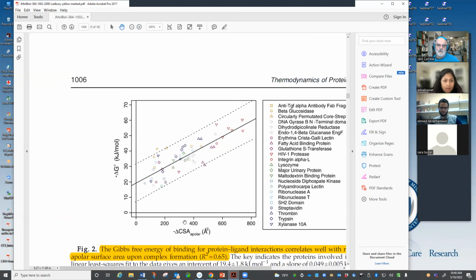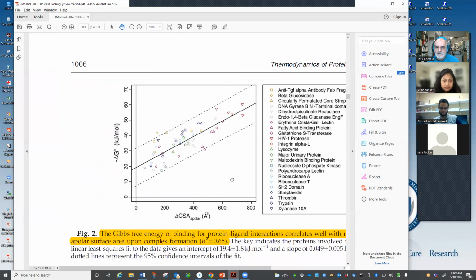Okay. Buried apolar surface, okay, and delta G. And what you can see is that the favorability, they're plotting it as minus delta G, so increasing means increasing affinity. And this is how much apolar surface is buried.